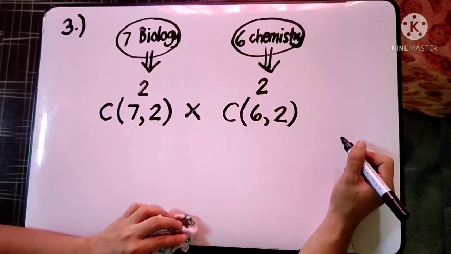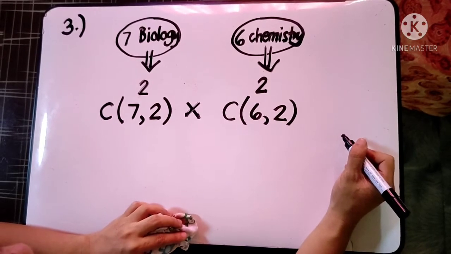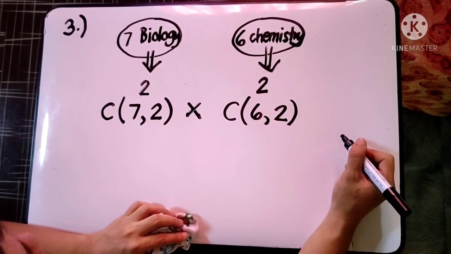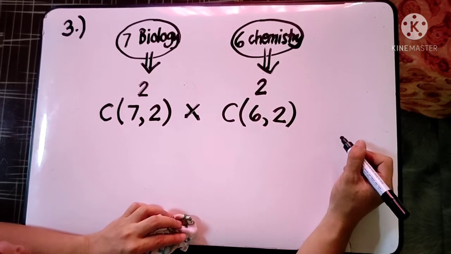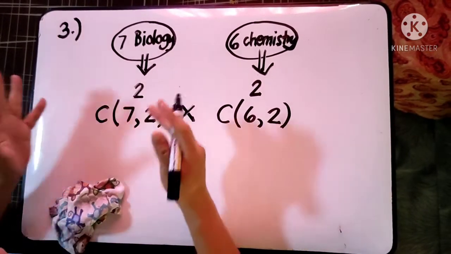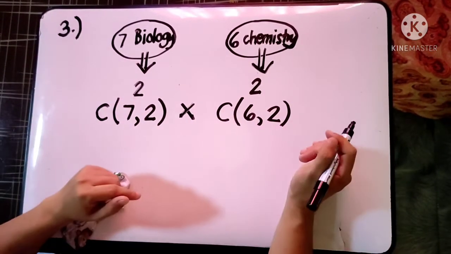So you have the word "and", meaning it's not optional. He or she needs to get 2 from biology and 2 from chemistry.